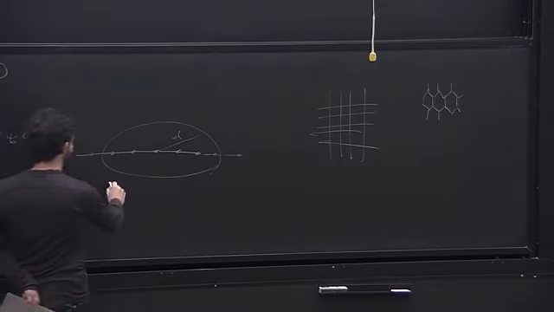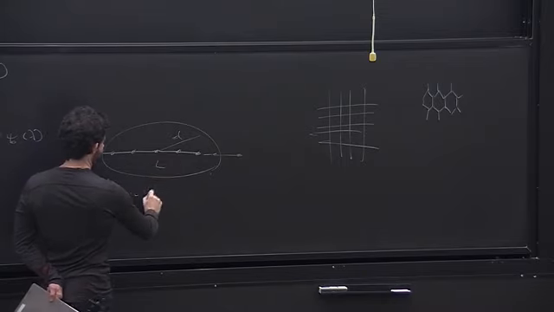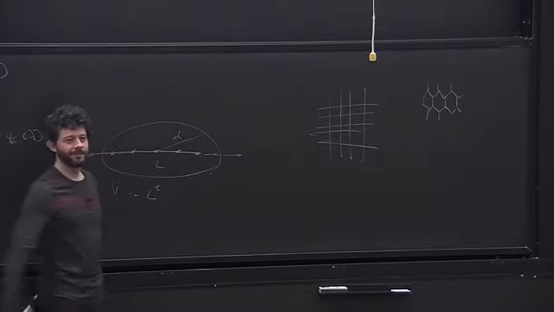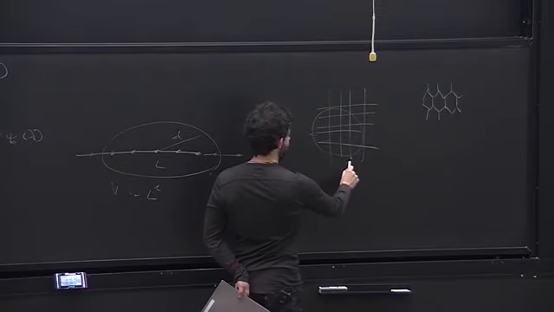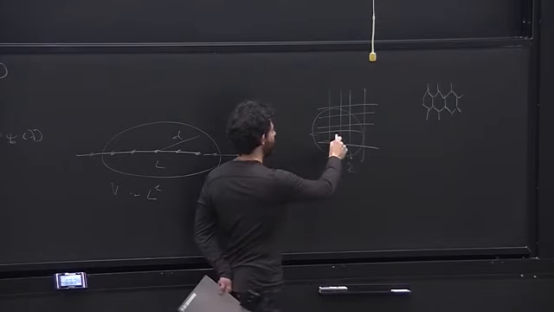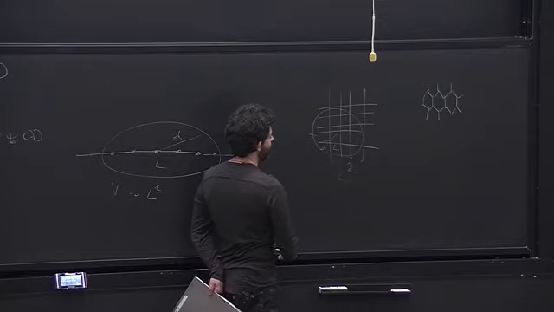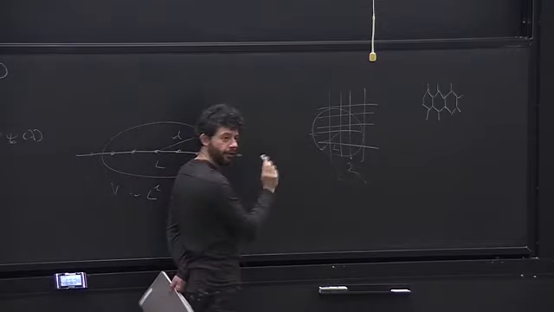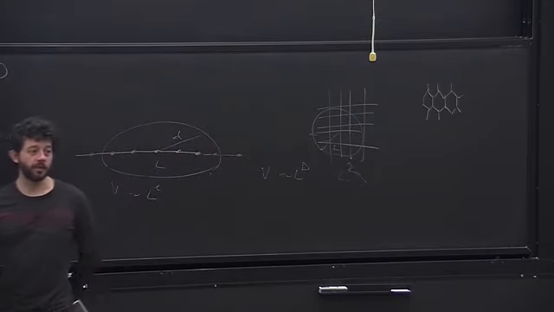So the volume goes like L to 1, right? And I said that the dimension is 1. Here, the number of points goes like L to 2, right? This is L. So I said the dimension is 2. So in general, if the volume scales like L to the D, then I said the dimension is D.